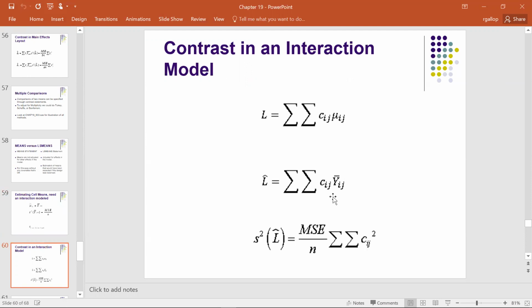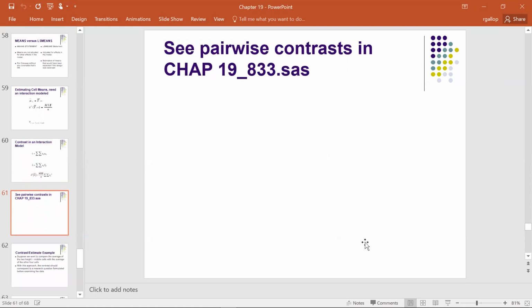The contrast is estimated by the sum of the cell means with the respective coefficients, c_ij, and the variance of the contrast is MSE over n times the sum. Now we have a double sum because we have two factors, where we sum over factor A and factor B, of the coefficients squared. So this becomes our contrast of interest.